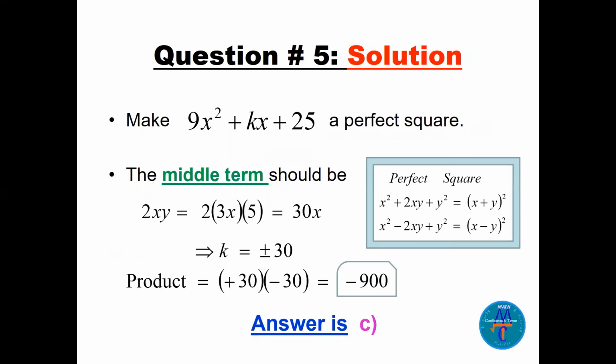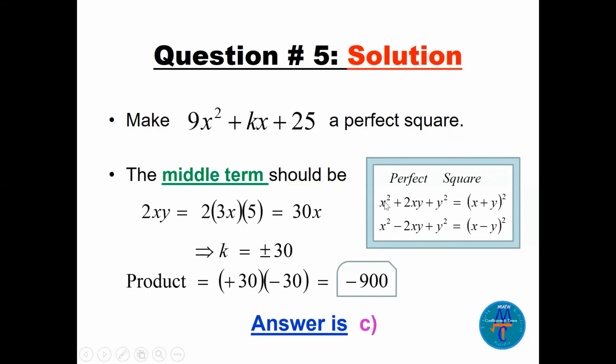Now let's see. This is perfect square. I wrote here the formula for you. x squared plus 2xy plus y squared. Also, this is perfect: x squared minus 2xy plus y squared. That's x plus y all squared, x minus y all squared. Now, we will use both formulas because k in the middle here, we did not say k positive or negative. So let's find the middle term.